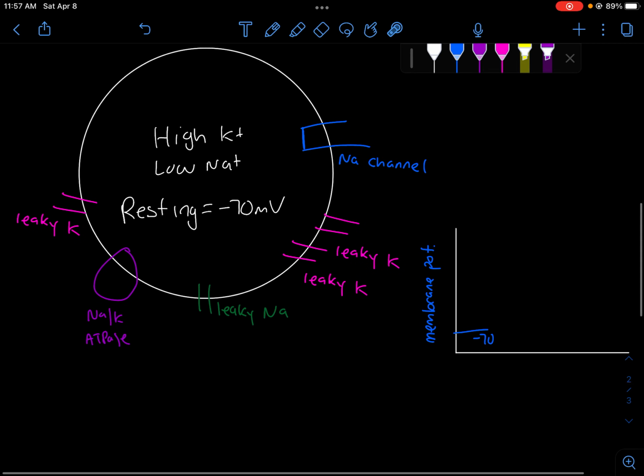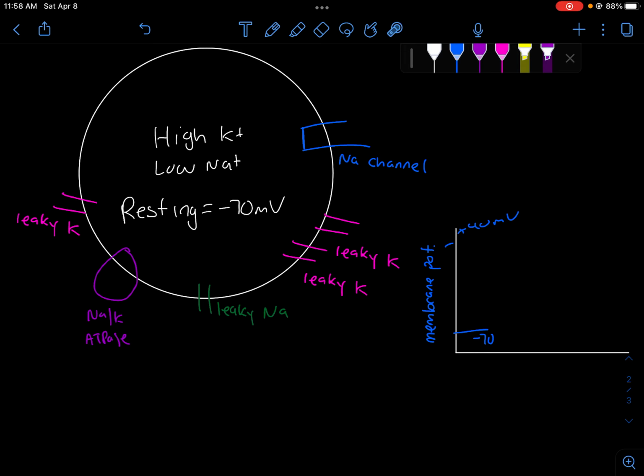Okay, so if the neuron wants to initiate an action potential, it will want to increase the membrane potential of the neuron to become very, very positive. What we'll see later in section is around positive 40 millivolts.